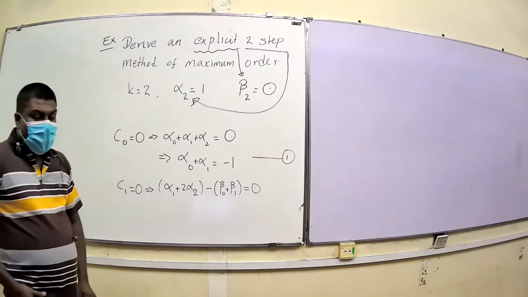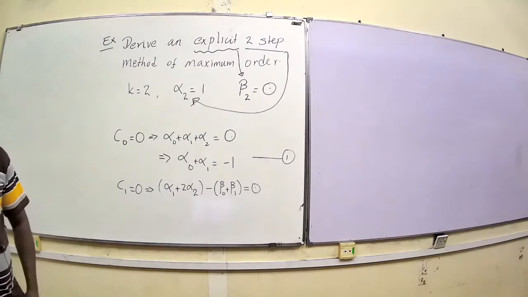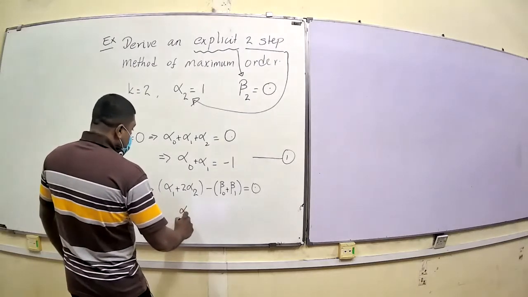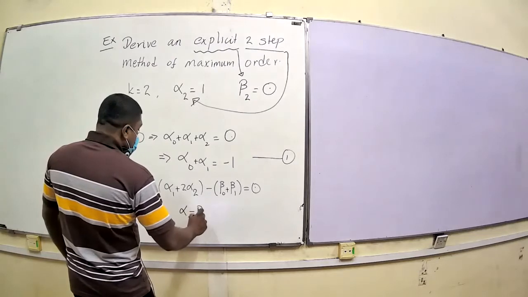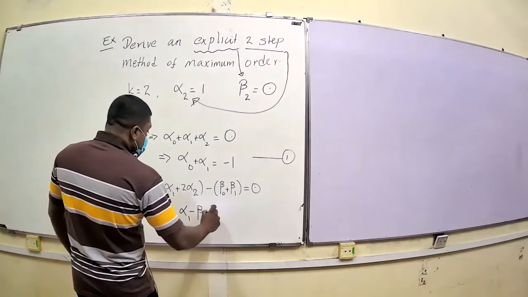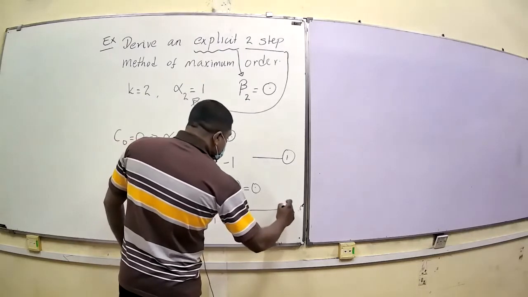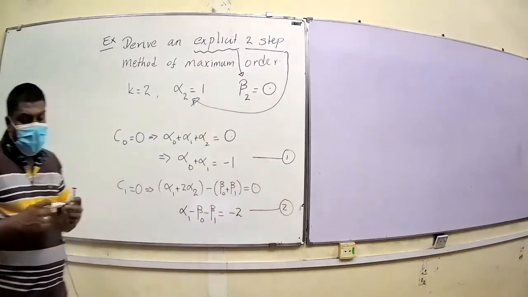From this you get alpha 1 minus beta 0 minus beta 1 is equal to negative 2. This is your second equation.